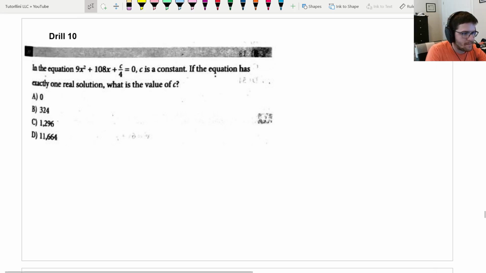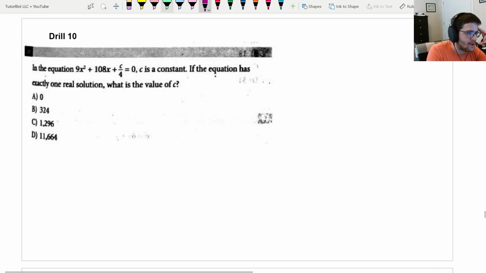Okay, so I don't really care for that 4 being there at first. If you want, you could multiply the whole equation by 4, but it's going to make the numbers kind of big, so I'm not going to do that.